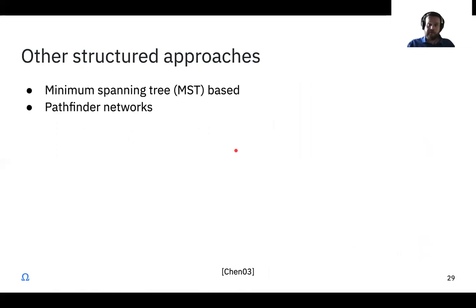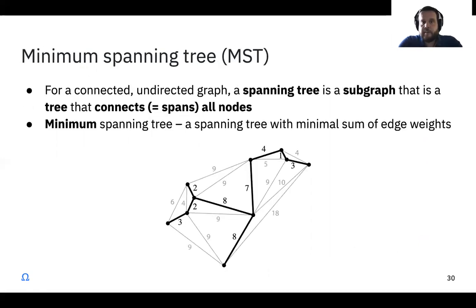Alternatively, if we go beyond the basic methods given in von Landesberger 2011, we can have approaches that are minimum spanning tree based or Pathfinder network. I think these are more structured approaches that are less random and feel less arbitrary, definitely. So first, what is a minimum spanning tree?